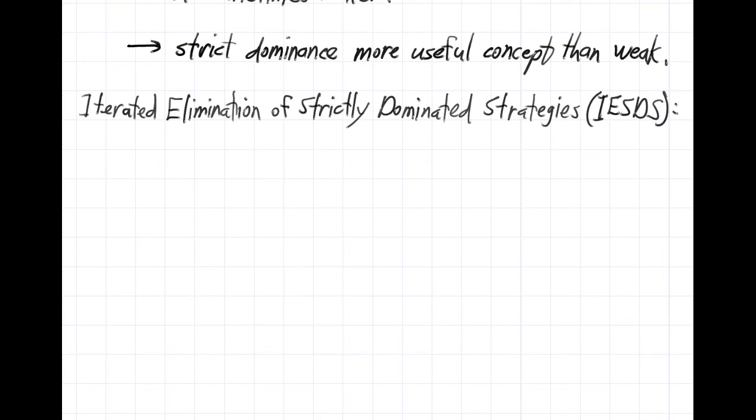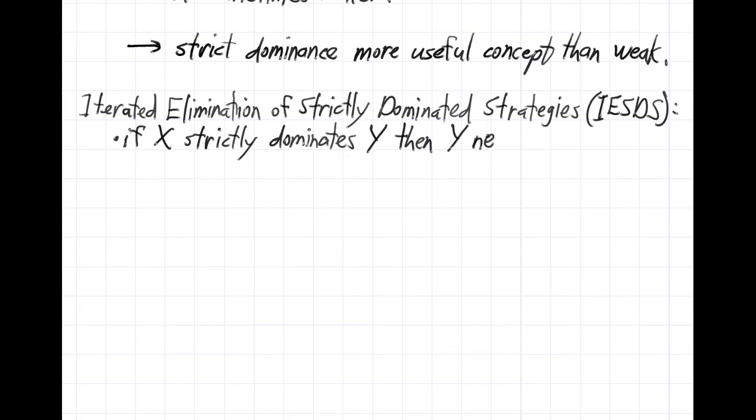The idea here is that if a strategy X strictly dominates another strategy Y, then a rational player will never choose Y. So Y is never preferred, and because of that, it can be eliminated from consideration.